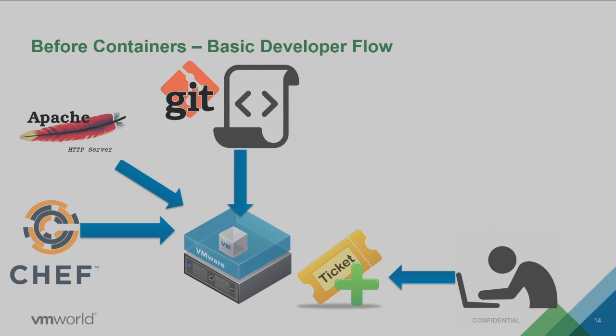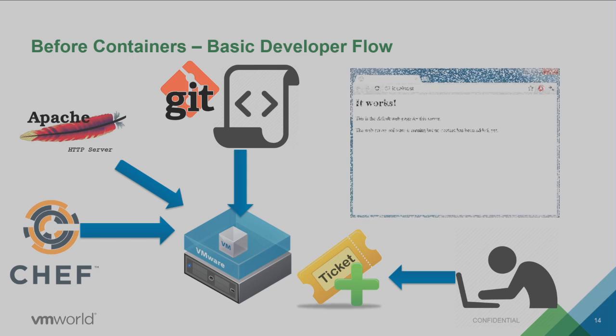Then they pull their code from Git, they have some custom scripts, and then, 25 minutes, or for some customers, without some of our automation tools, up to 6 weeks or a month, they get an Apache server. But the whole time they're twiddling their thumbs like, I'm trying to build this next gen app, and I'm trying to do it quickly, but it takes so long for me to get this thing stood up.